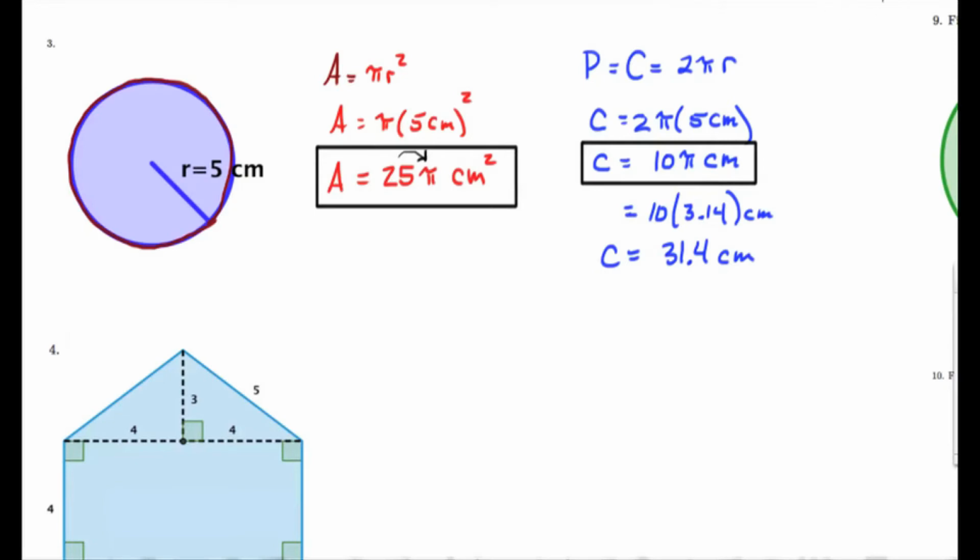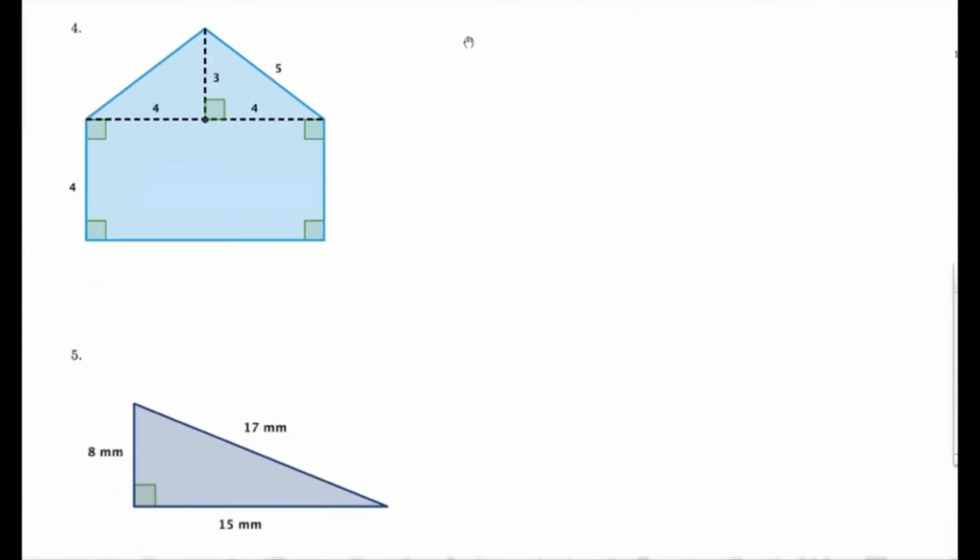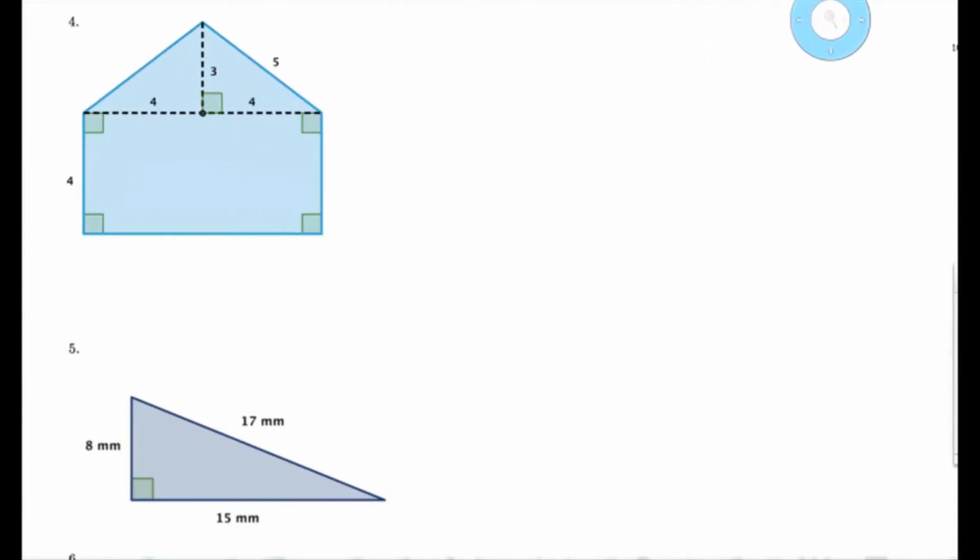Okay, so let's move on. Now we have an irregular shape. Here we have what looks like a rectangle and a triangle, and the triangle here can be broken up into two triangles. So I'm looking for the area of this whole shape. I know how to find the area of a rectangle.